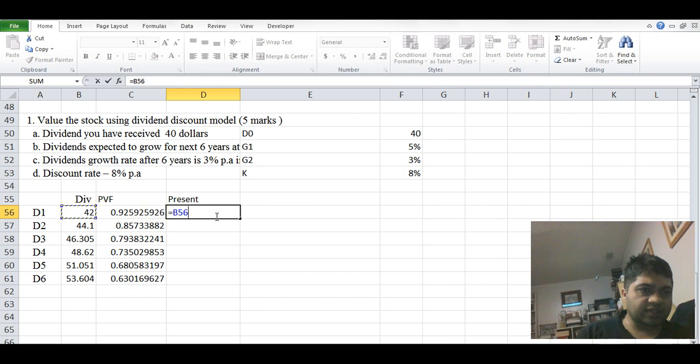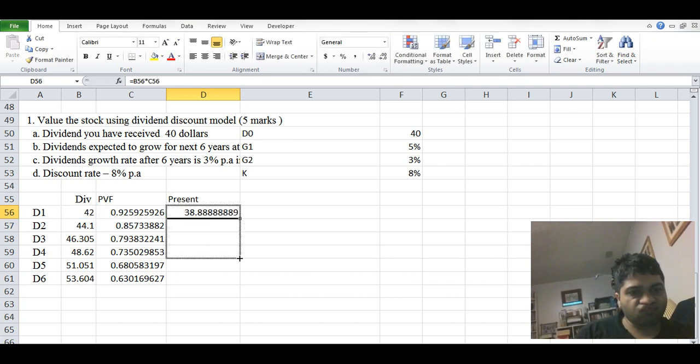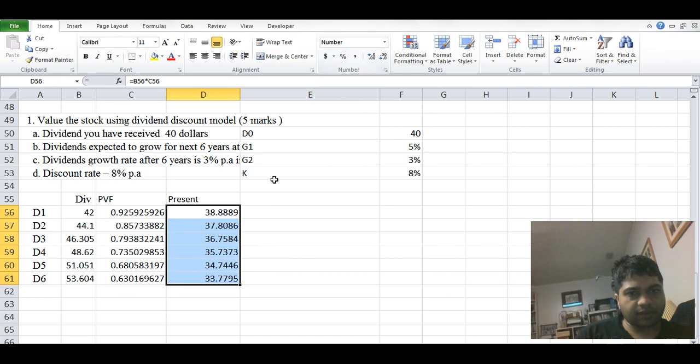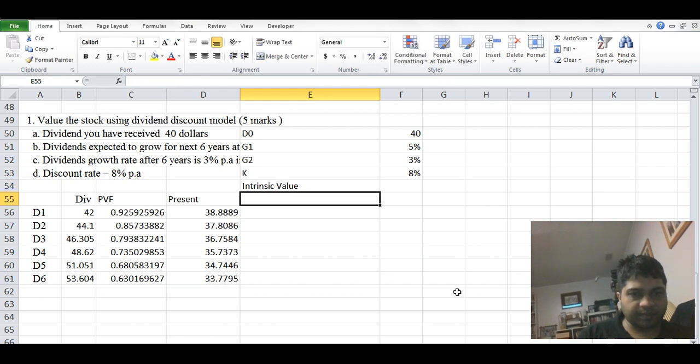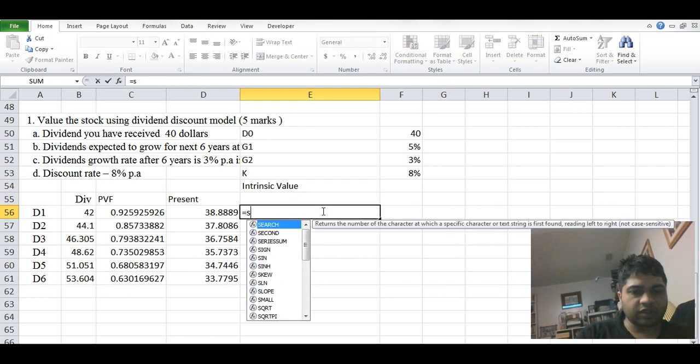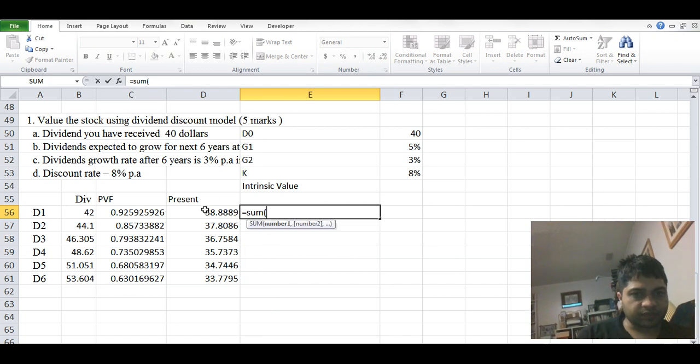Present value is this multiplied by present value factor. Intrinsic value is simply addition of all these present values.